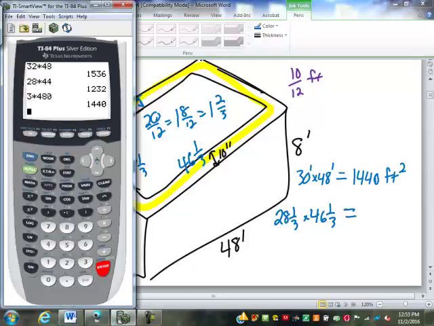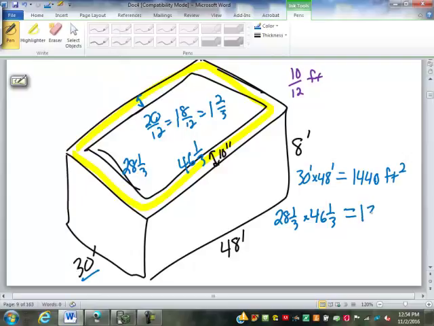For my calculator, I'm going to have to finagle this a bit. 1312.78. So I subtract there, I get 127.22. Is that what you got, Jake?